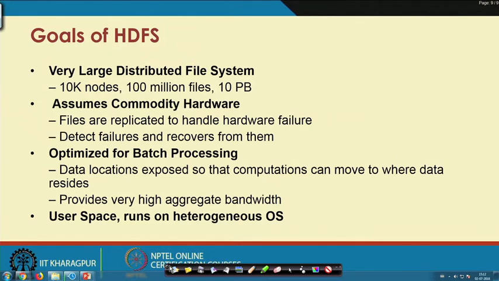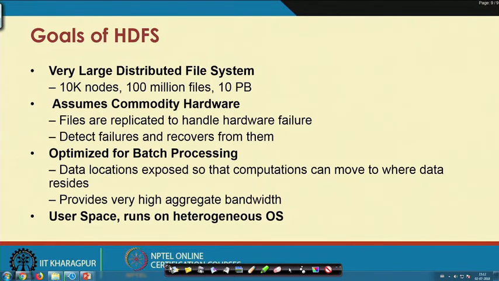So, basically what this means is that when you start a computation, your results may start coming slower. So, it is not low latency data processing, but it is high throughput, that is, a large amount of data will be processed in a short amount of time.